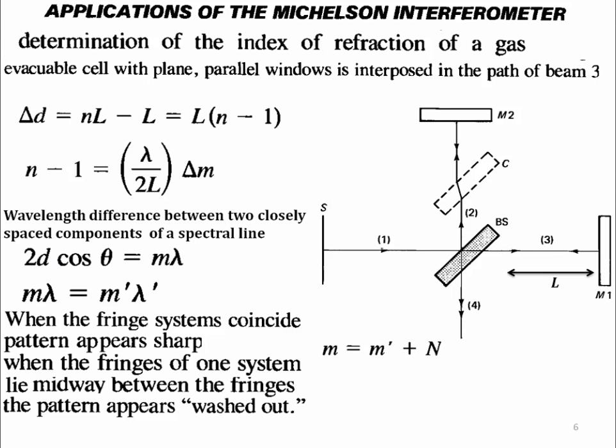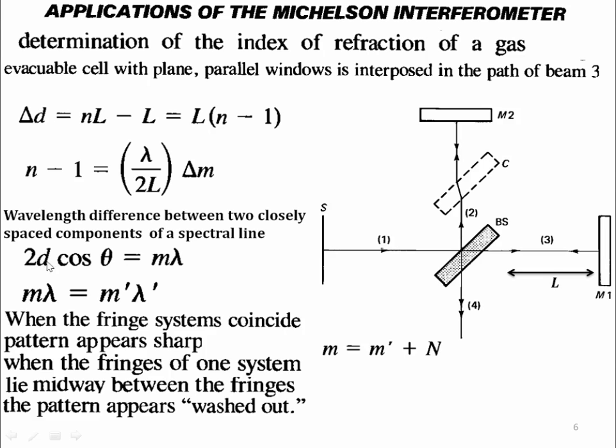Now what we actually do is, whenever the two fringe systems are coinciding, what is the situation there? In that case, m is equal to m dash plus n. Why is it so? Say d1 is the value for which this is satisfied.